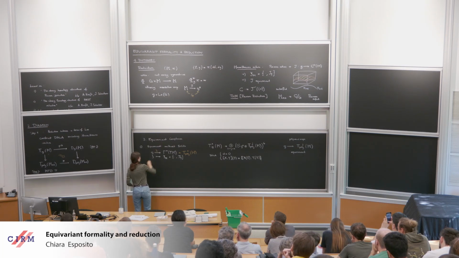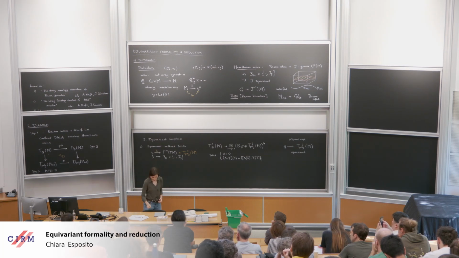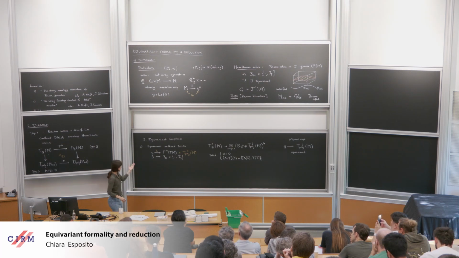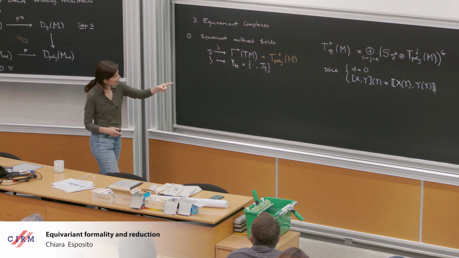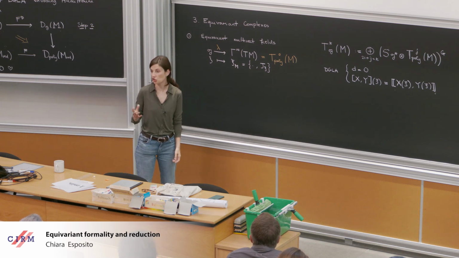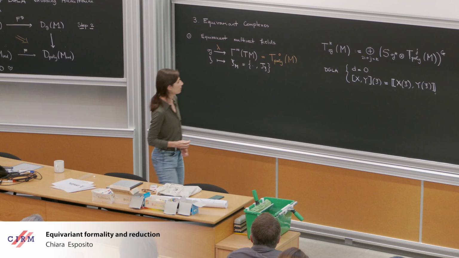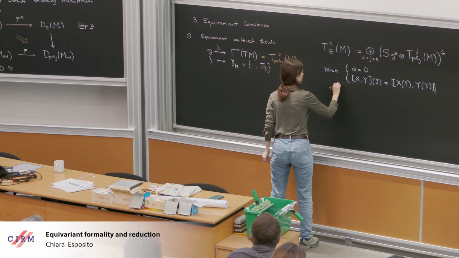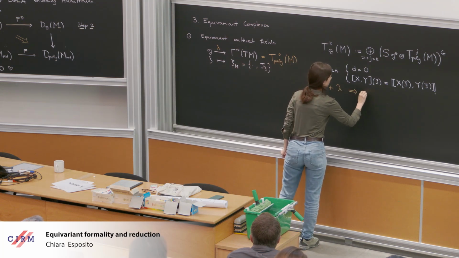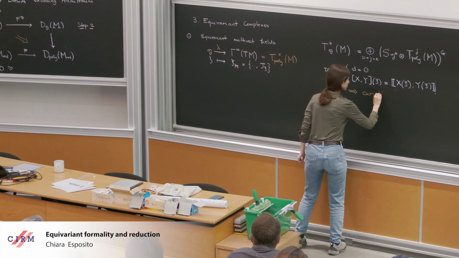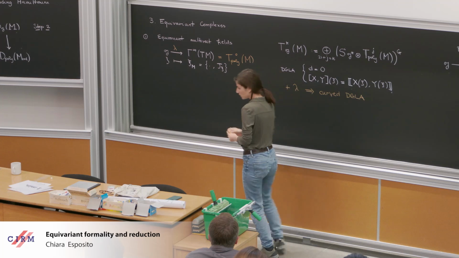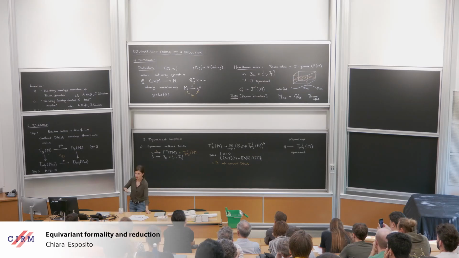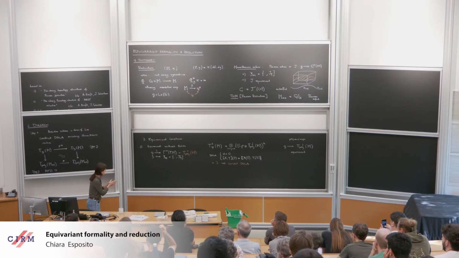I call it lambda. And what I can see is that this lambda is a central element. So what I get, after all, is a curved DGLA. You see, curvature is important because it really has inside the information of my action.